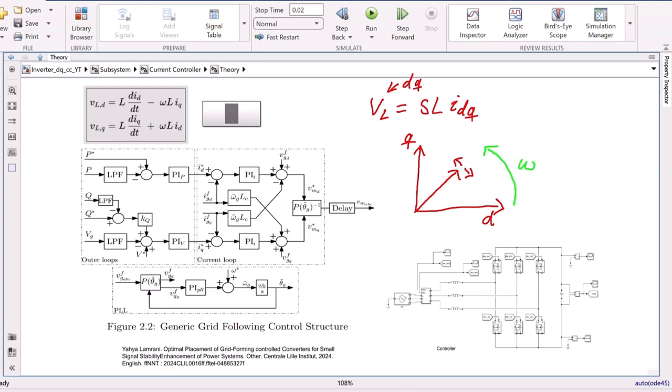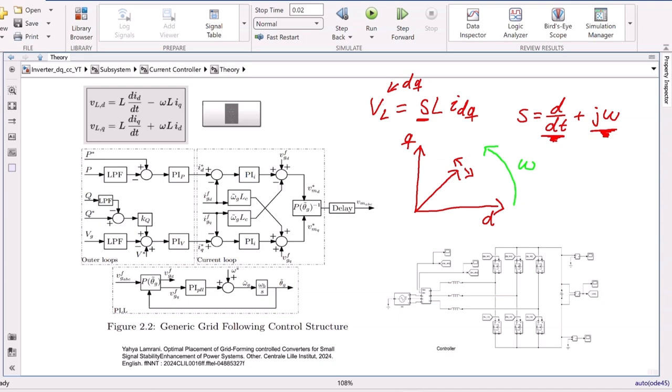So this means that the derivative, which is S, becomes equal to the normal derivative plus j omega. So the derivative is basically the derivative of the reference frame, which is this, and then the derivative of the current inside the reference frame.